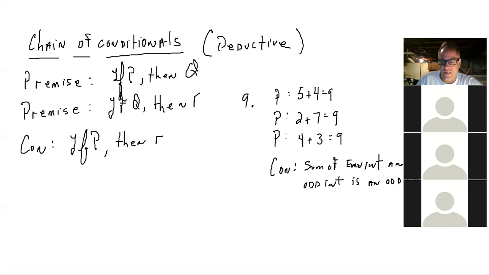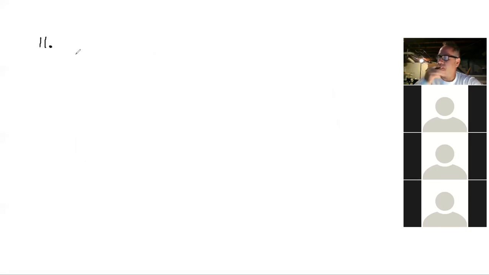All right, so number 11, we have a deductive argument, and it looks like this. Premise: all boulders are large.